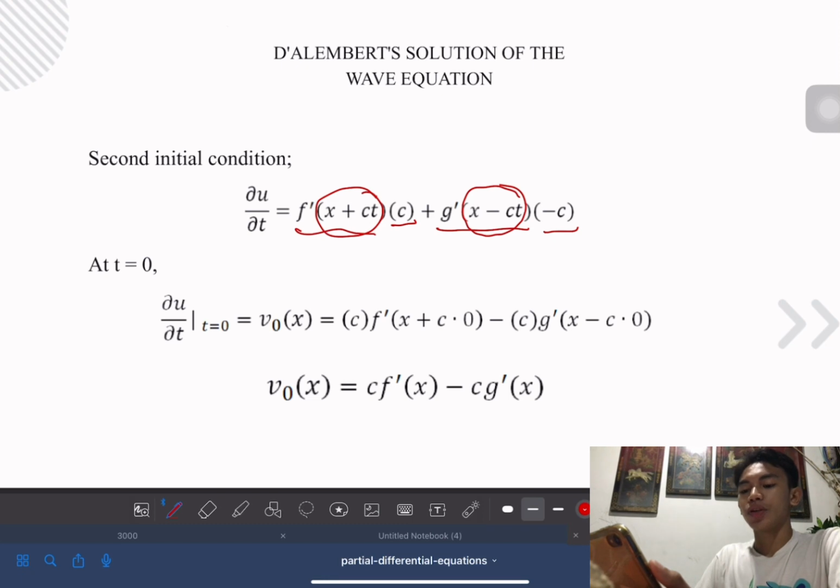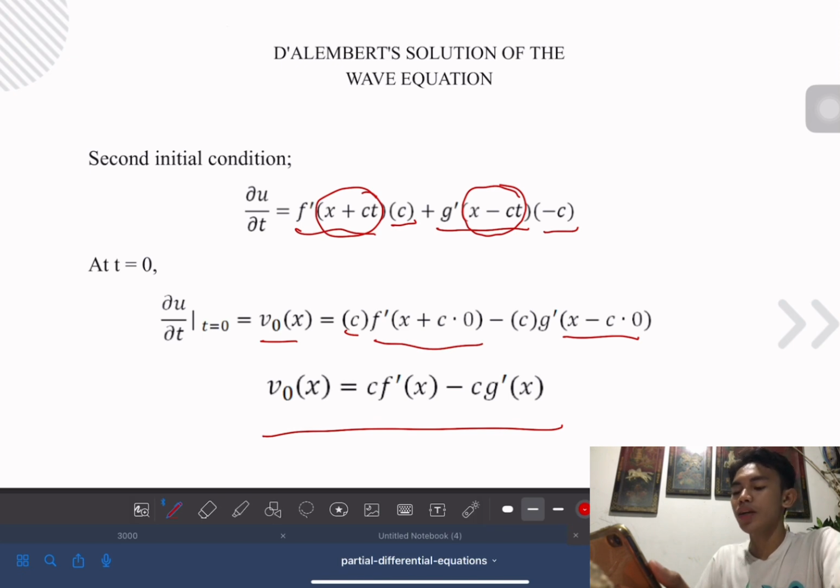At t equal to 0, the partial derivative of u with respect to t at time 0 is equal to v sub 0 of x is equal to c times f prime of x plus c times 0 minus c times g prime of x minus c times 0. And we come up with v sub 0 of x is equal to c f prime of x minus c g prime of x. And we label it as equation 2.